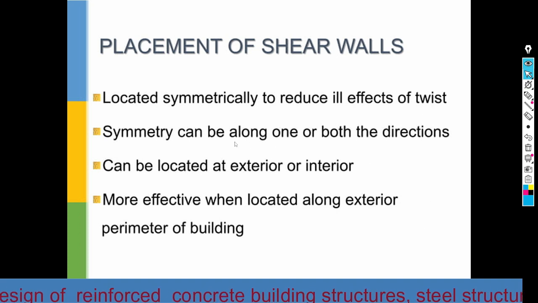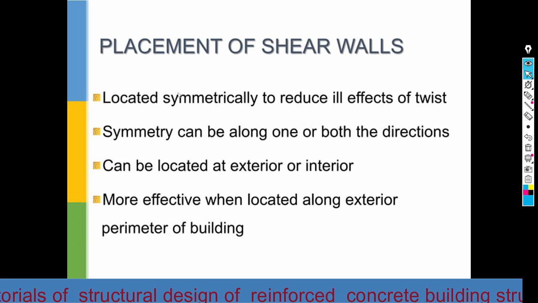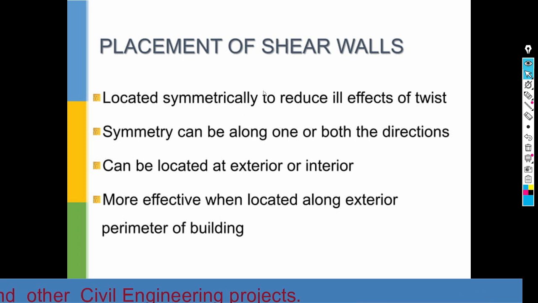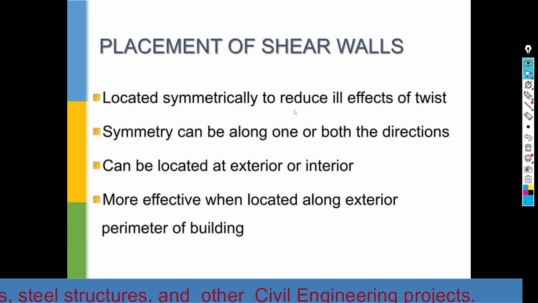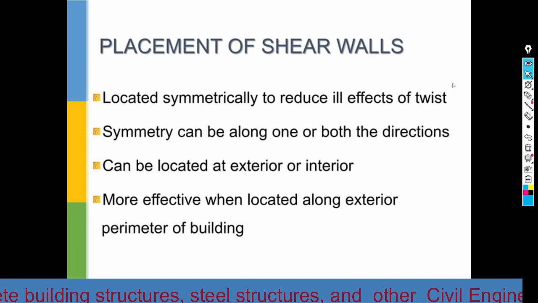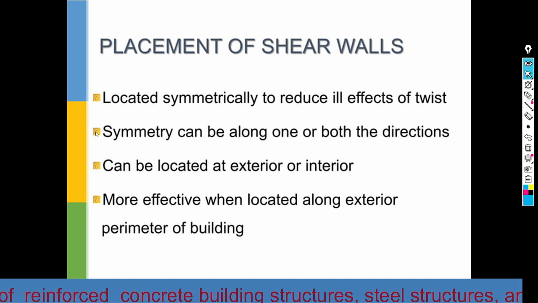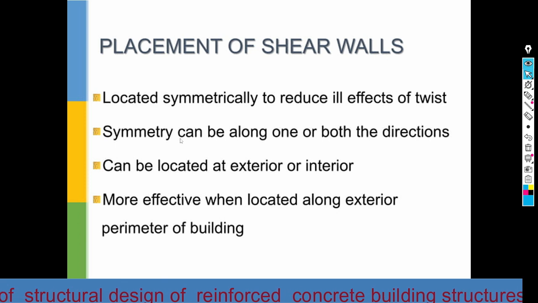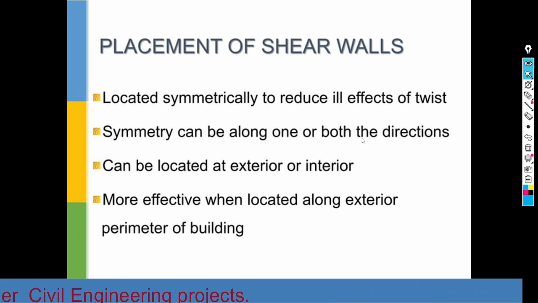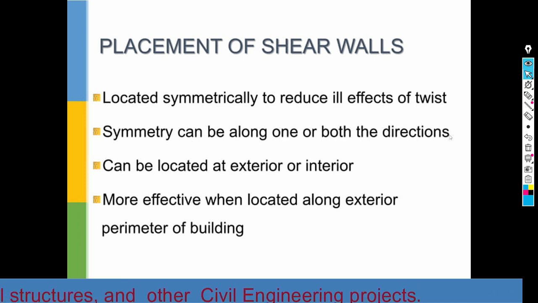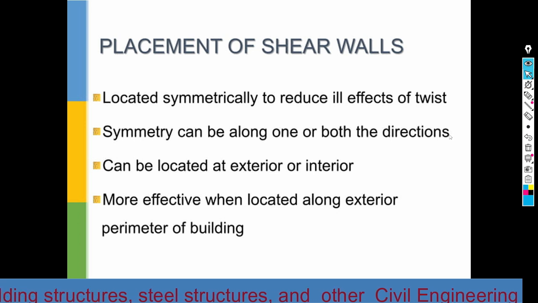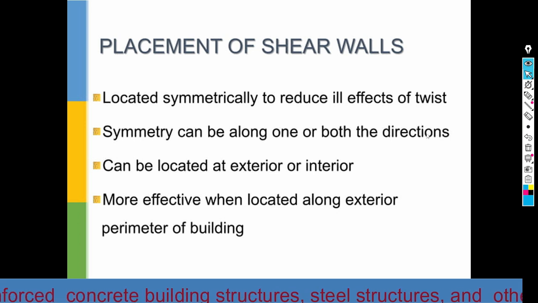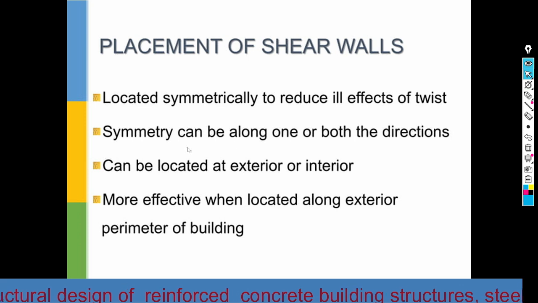That means if the location of the shear walls is symmetric, then it reduces the twist or rotation. So symmetry can be along one direction or both directions. It may be along the x direction, or along the y direction, or along both directions.